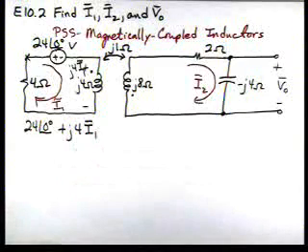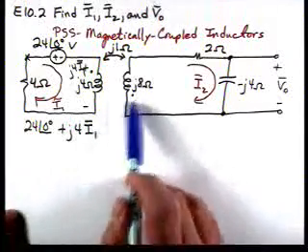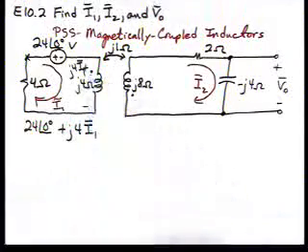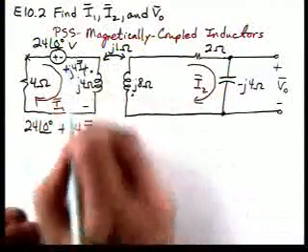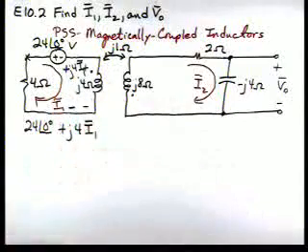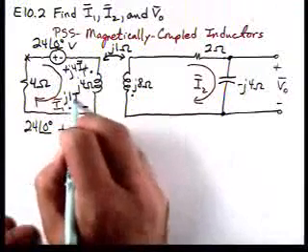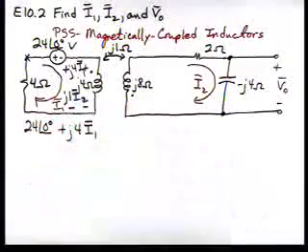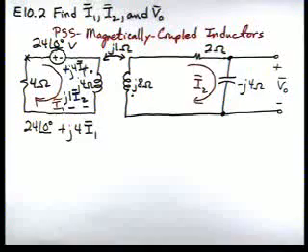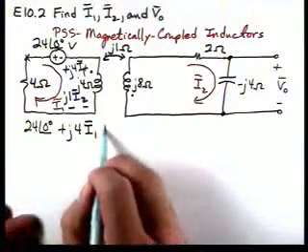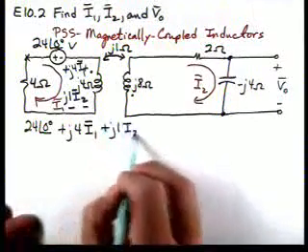Now, the current enters the dot over here, so it's going to produce a voltage that's plus at this dot. So we'll have another voltage term. That'll be J1 times I2. So we'll have a term that's J1 I2.